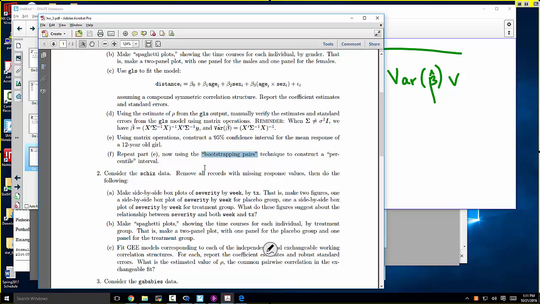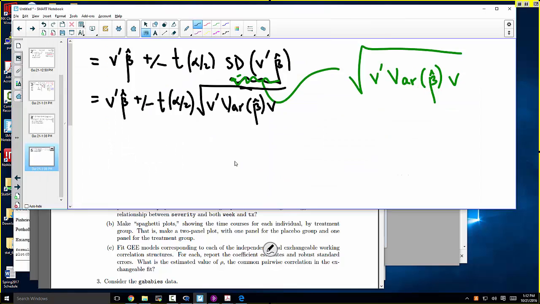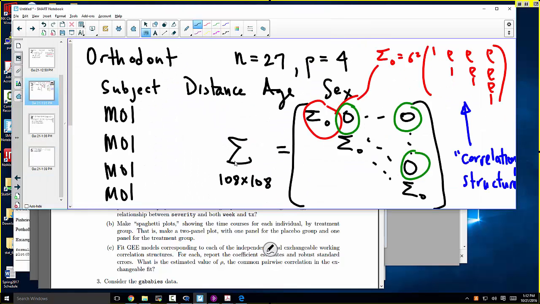Okay, I do need to say something specific here about our data. To do the Bootstrap with correlated data, we have our data that's organized like this, 108 by 4. An incorrect way to do this would be to sample with replacement from the rows of this data frame or data matrix.